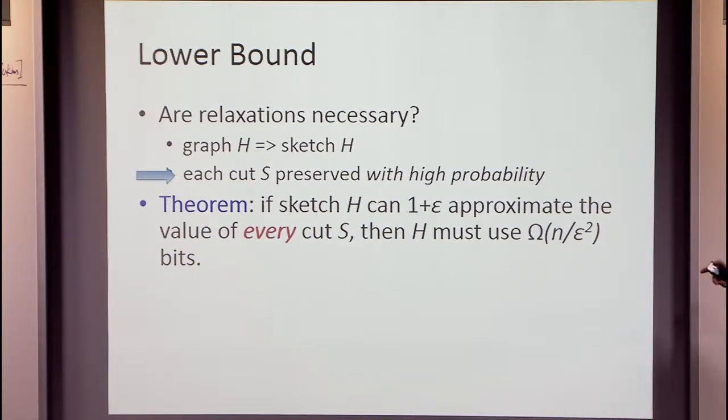This can also be used to prove that the actual graph size has to be n by epsilon squared for a cut sparsifier, but this is what we focus on. In some sense, it's a stronger theorem.